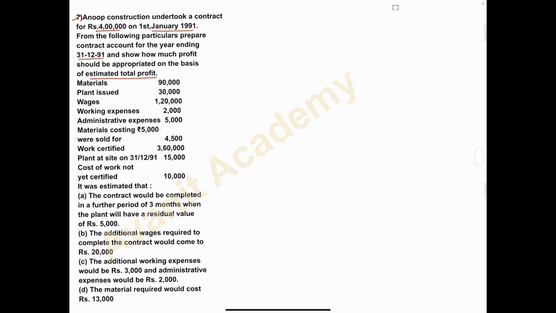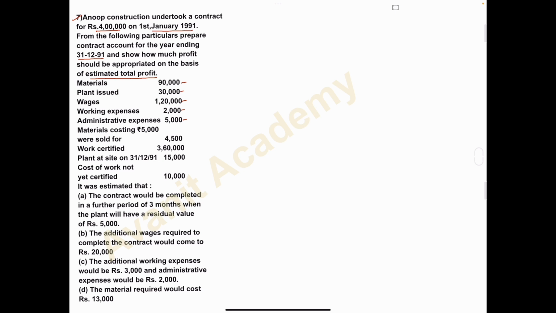In this problem, we have to prepare the contract account and we have to calculate the estimated profit, because on the basis of estimated profit, we have to transfer the notional profit to profit and loss account and reserve. Let's see what they have given. Material 90,000, plant issued 30,000, wages 1,20,000, working expenses 2,000, administrative expenses 5,000.